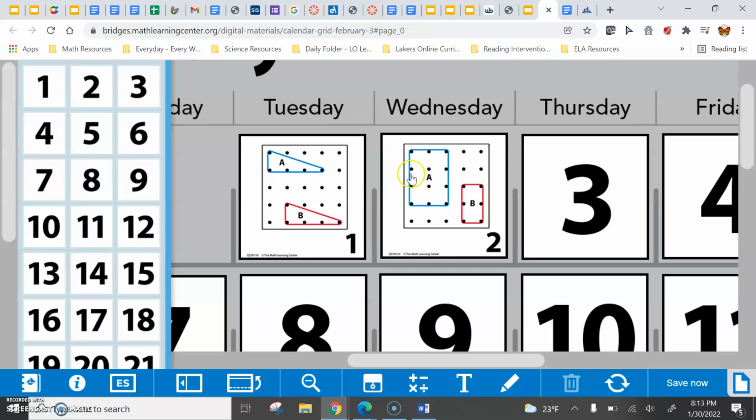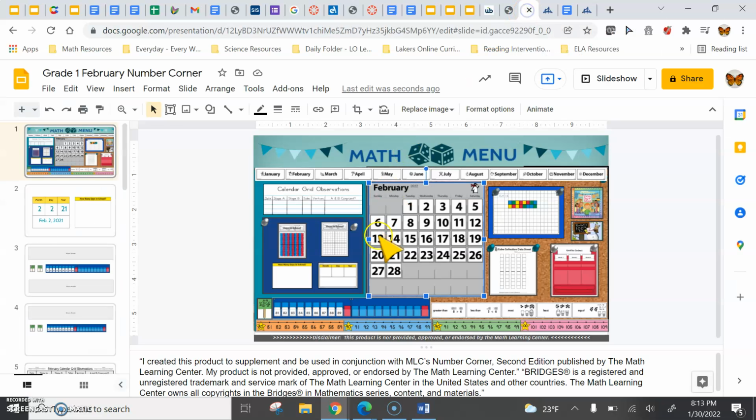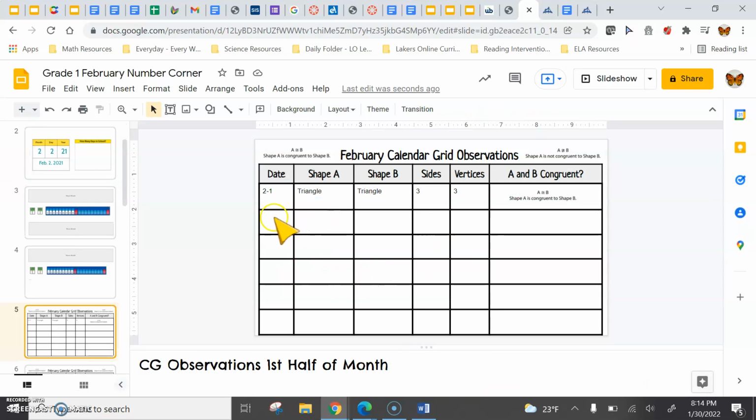So we have 1, 2, 3, 4 vertices with this rectangle, and 1, 2, 3, 4 vertices with this rectangle. So now we have 4 vertices that we're going to add to this when we talk about this shape.